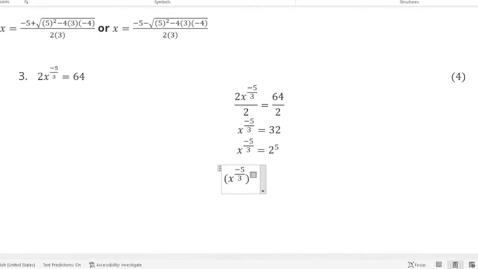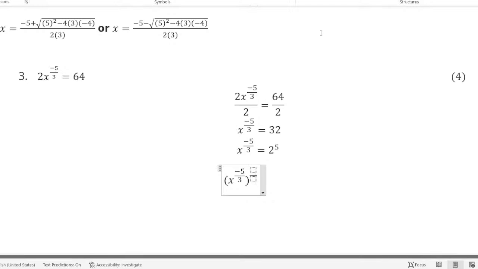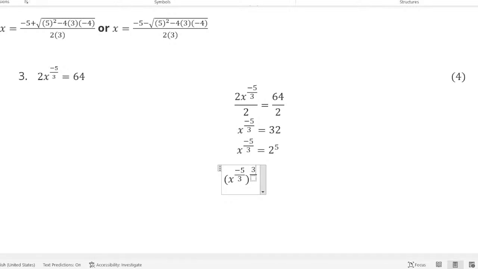The reciprocal of the exponent is going to be 3 over negative 5, so I'm multiplying by 3 over negative 5. Remember, whatever you do on the left hand side, you must also do on the right hand side, so that you don't alter the original equation.